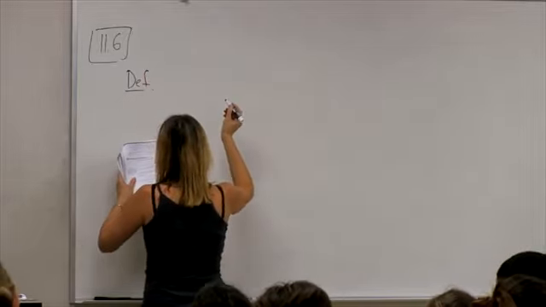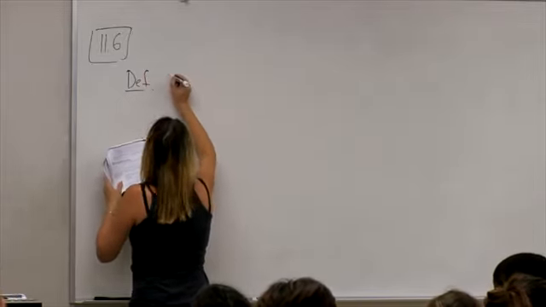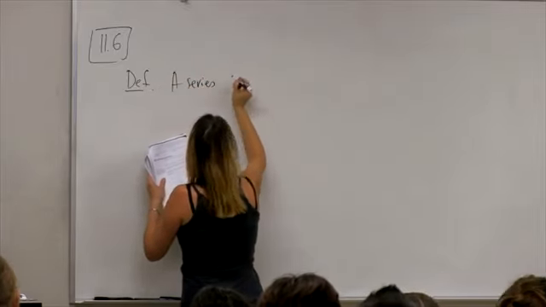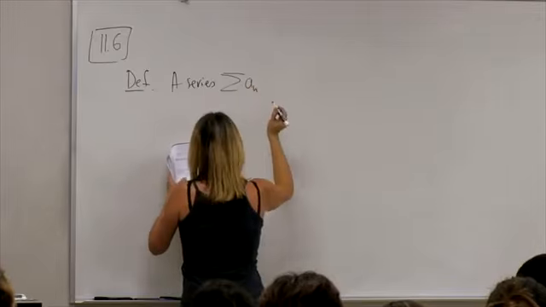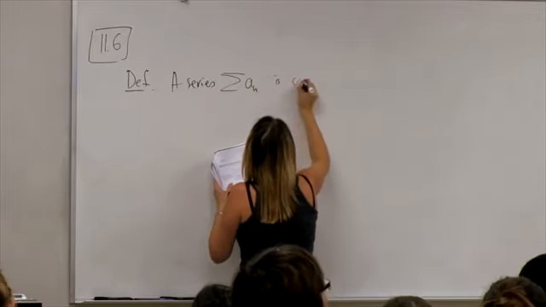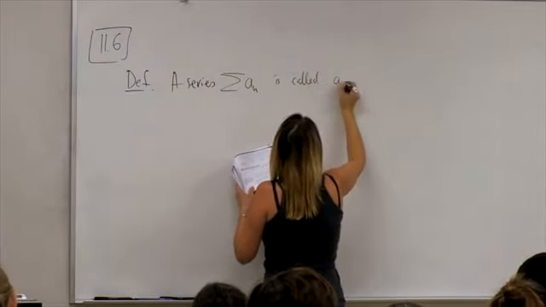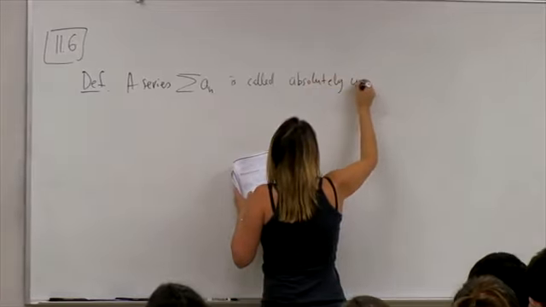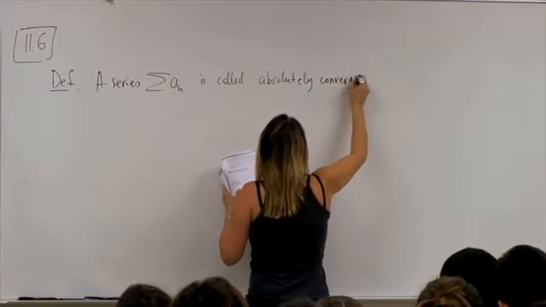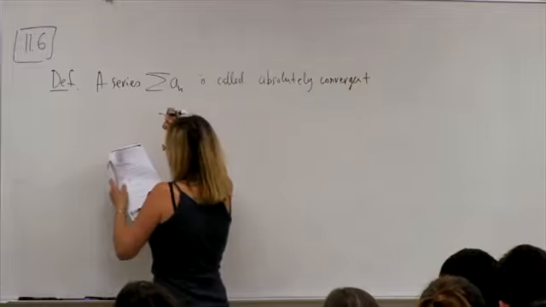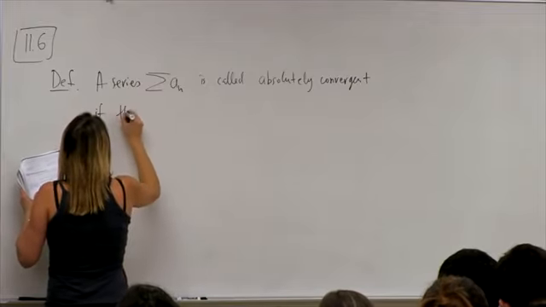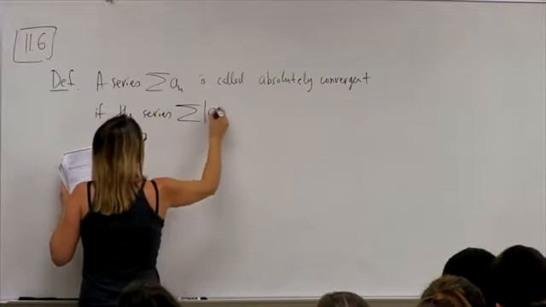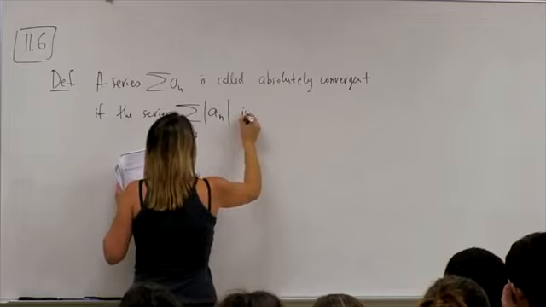So a series a_n is called absolutely convergent if the series of absolute values |a_n| is convergent.